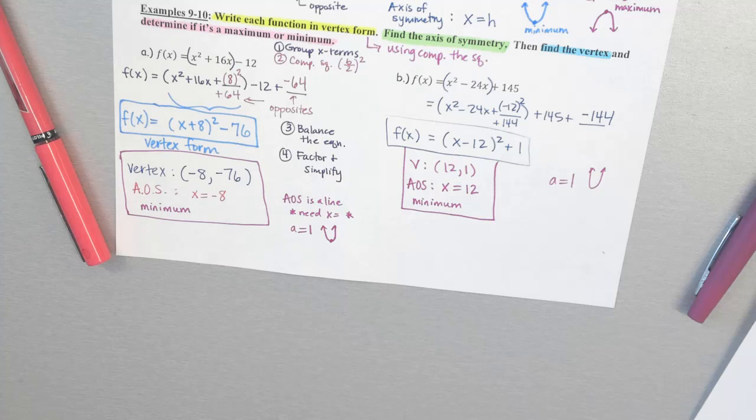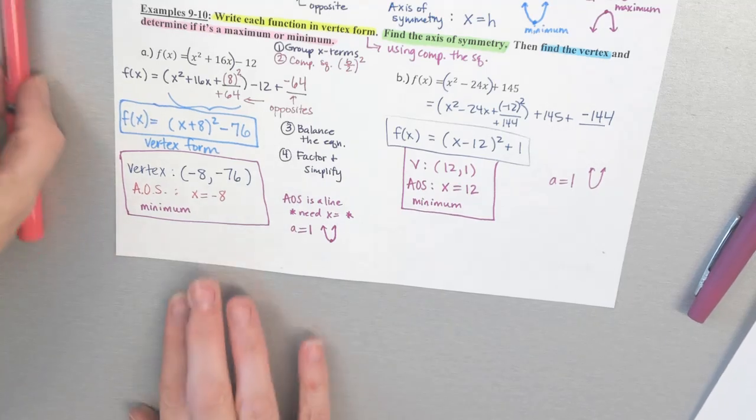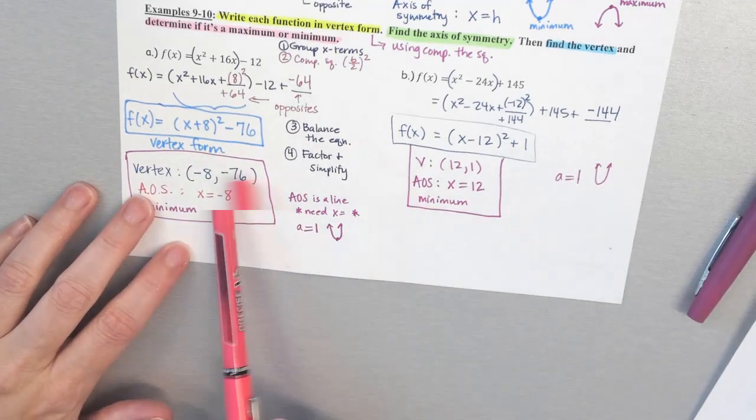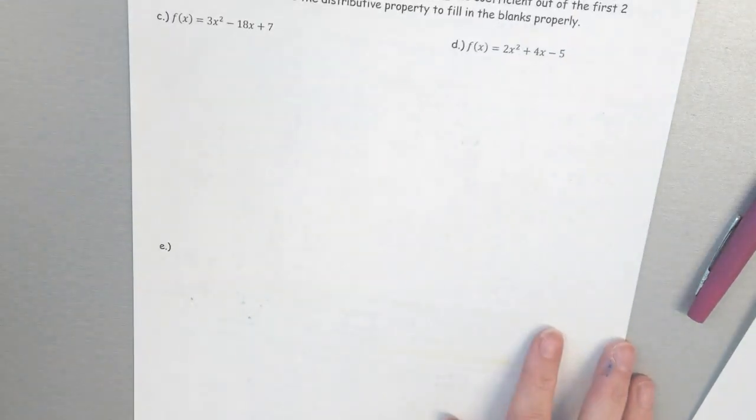Okay, so the first few examples we did, we always had the coefficient of 1 here, so that was really nice. But sometimes the coefficient is not 1.